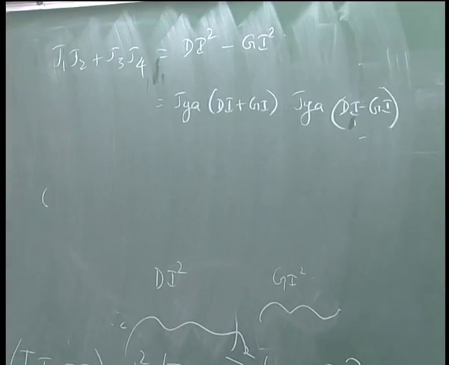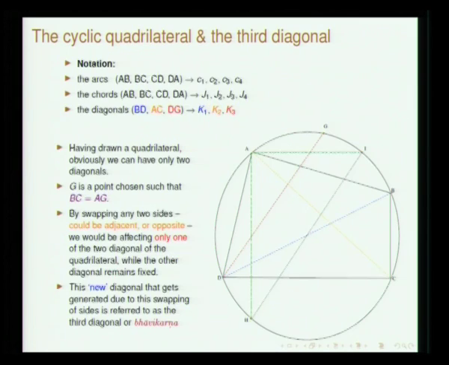So, once again we will go to the figure. So, DI plus GI. This GI is the same as BI, so that is the midpoint, and therefore what I have is the jaw corresponding to the arc DI plus BI, which is nothing but DB.